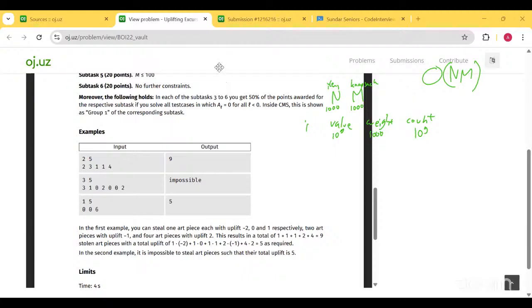Okay. What if the count is only up to 10? Then how to solve this? Okay, yes, that's correct.